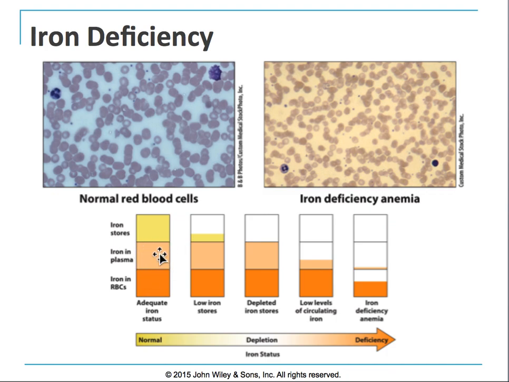Then we have iron that makes up the plasma in your blood, and then we have your iron stores. So as somebody experiences iron deficiency, the first place that's depleted is in your iron stores. Then the iron in your plasma gets depleted, and then last, that iron comes out of your red blood cells.